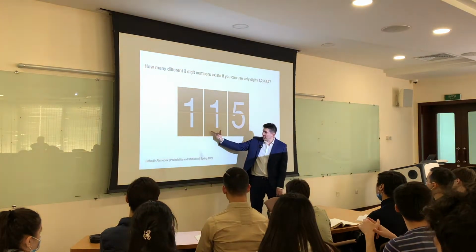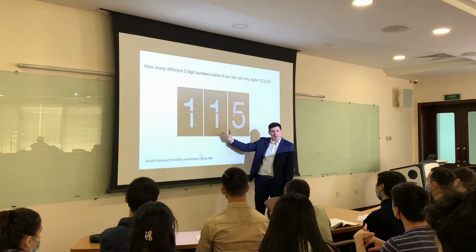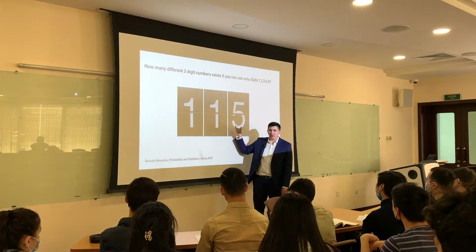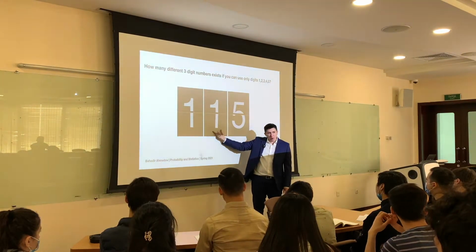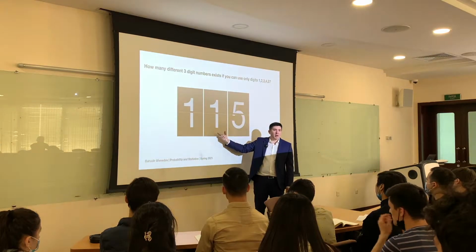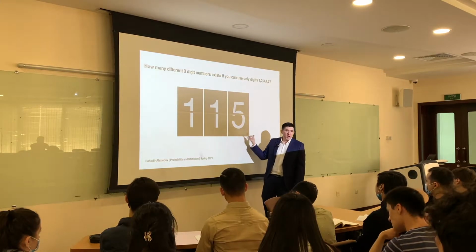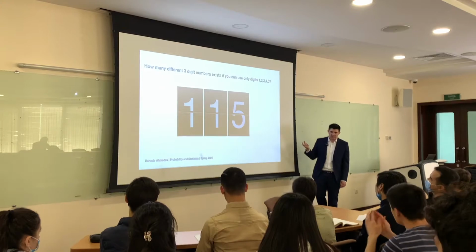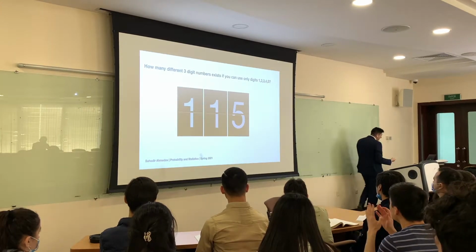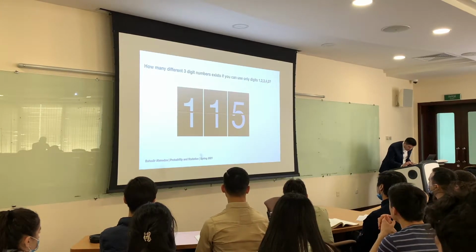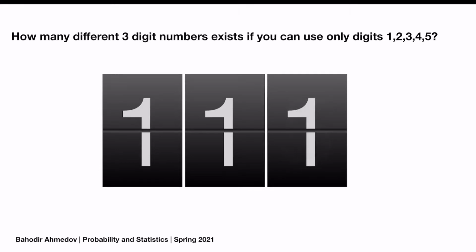If I fix the second digit, for example 1, there are 5 different options for the third position, right? Now, if I change this 1 on the second position to 2, how many different options will I have for the third position?